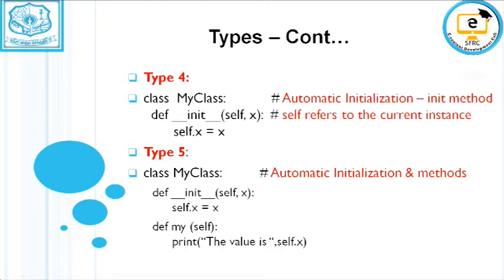The next type is the fourth type. It includes automatic initialization of a variable during object creation. So how we create the fourth type is class MyClass, indented, and the method you are going to declare inside MyClass is the init method. The init method has two arguments, self as well as the x variable.